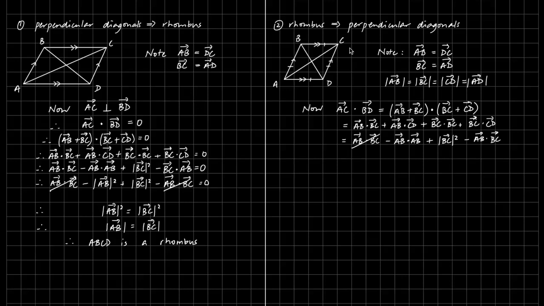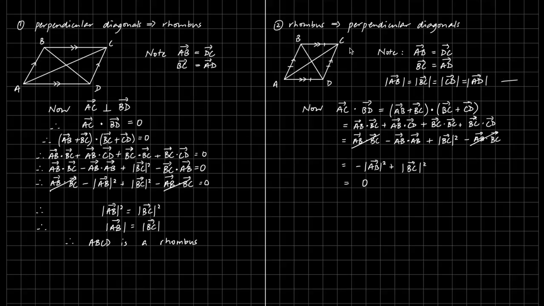So then these ones here cancel again, and we've got the negative of the magnitude of AB squared plus the magnitude of BC squared. But this time, because AB and BC are adjacent sides of a rhombus, they are equal in length, as stated up in this line here.